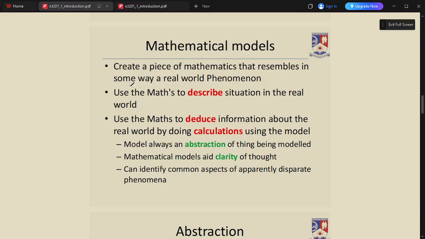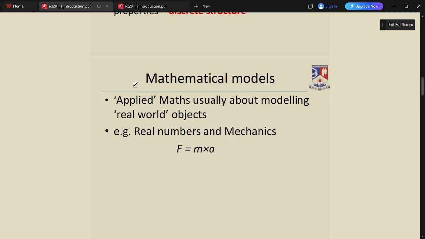So here's an example of a mathematical model, which is Newton's second law of motion.